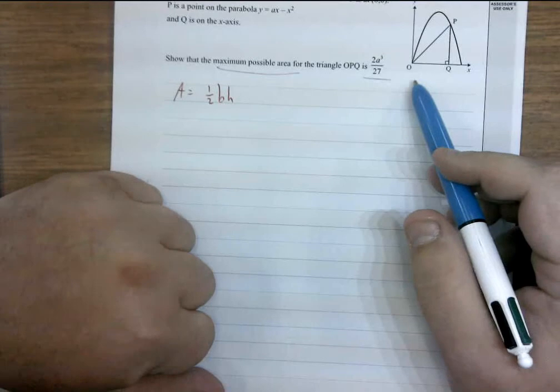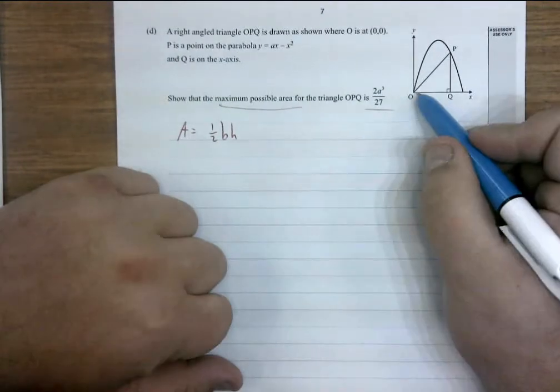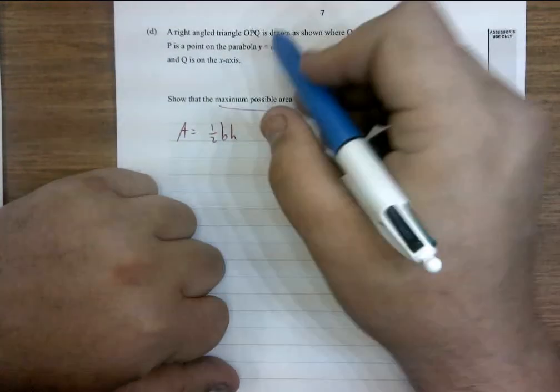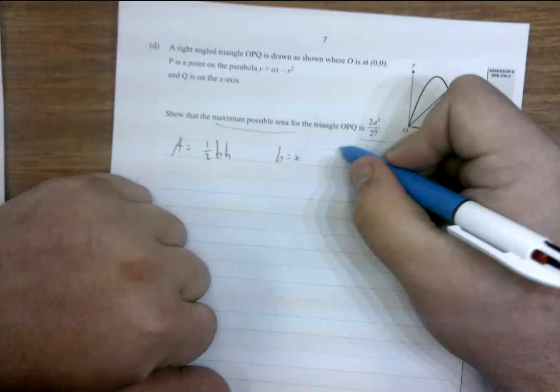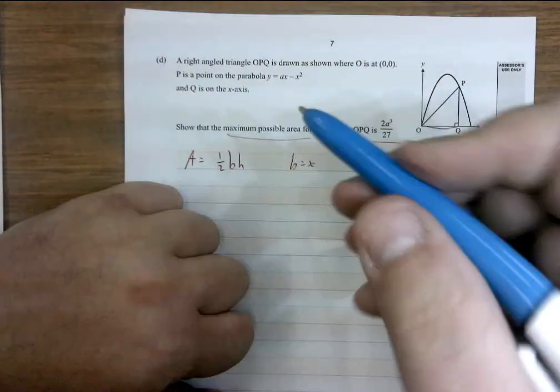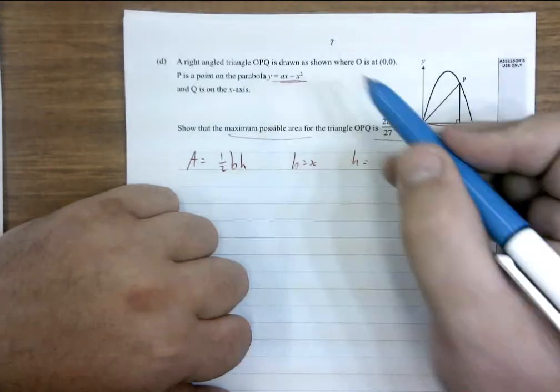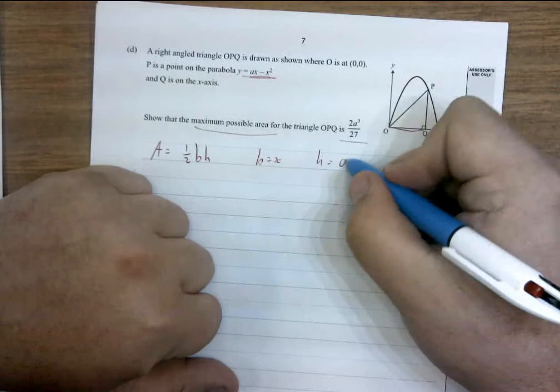What is the base of the triangle? The base is distance x. The height is the y coordinate, which is going to be ax minus x squared.